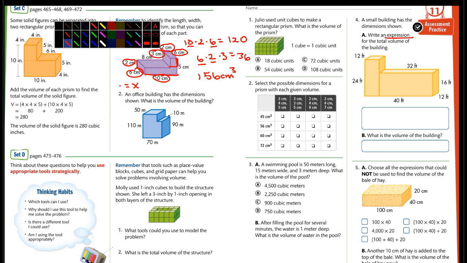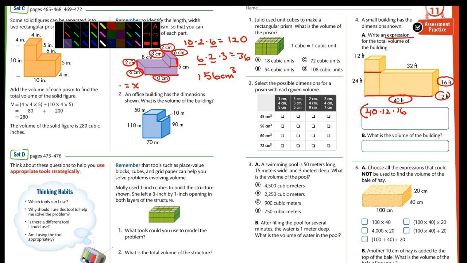Okay, well, there's a couple different ways we could write an expression. So it looks like this is going to be 40. And so we'll divide it that way. Now, so it's going to be 40 times 12 times 16. So 40 times 12 times 16.